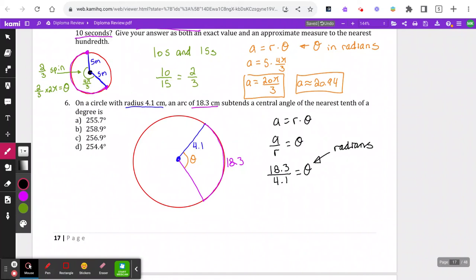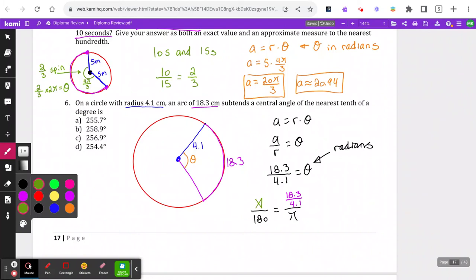We want degrees, so you need to convert the radians. Do your little 180 equals something over pi. We know the radian measurement, it's 18.3 over 4.1. We want to know the degrees, so the x is over the 180.